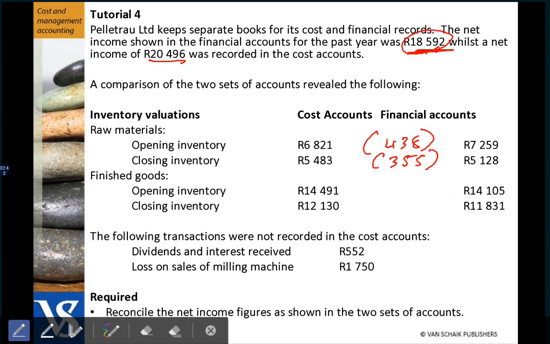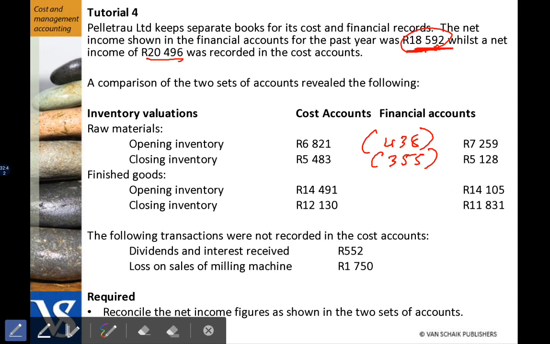We come then to the finished goods. Same thing, guys, and don't confuse yourself when they say raw material, they say finished goods. Just go to the income statement and do the reconciliation. Finished goods opening inventory is 14,491. Then on the other side is 14,105. One can simply guess and compare with our raw material.